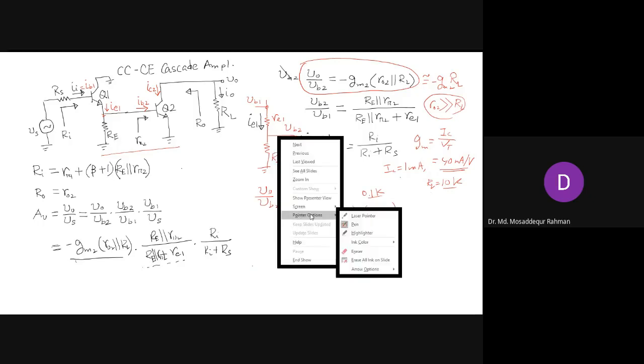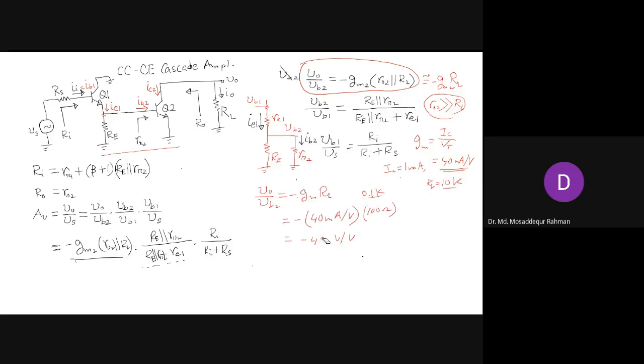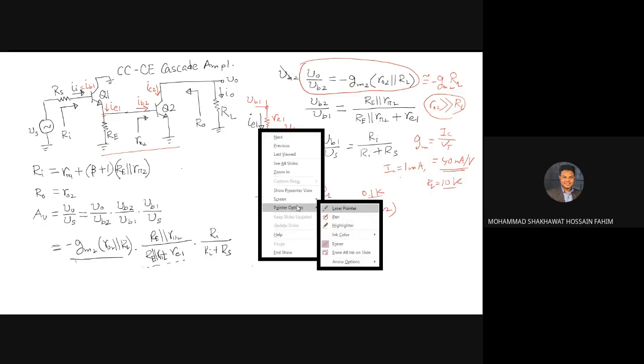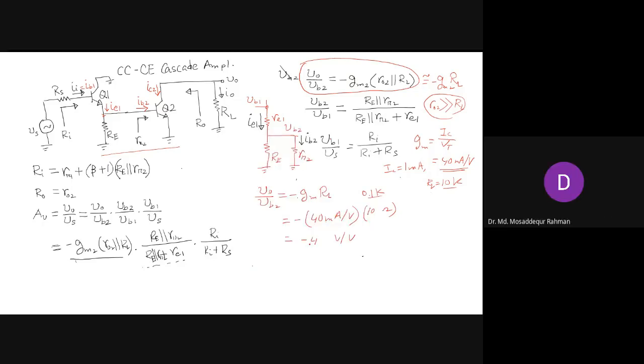Imagine an even lower load resistance of 10 ohm, then the gain will be 0.4. That is, you've got almost no gain.